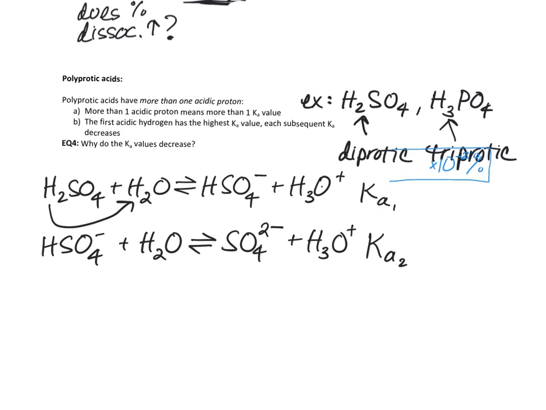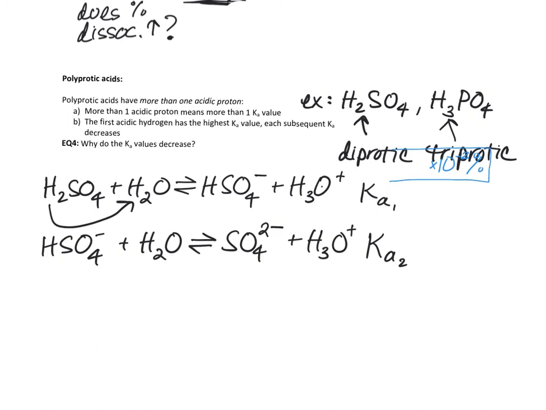All right, why do the Kas decrease in value? So a very condensed answer to that is, as this first hydrogen leaves, I end up with a negative charge, right? Now, in order for the second hydrogen to leave, which is positively charged, it has to be given away to water, and now I have a resulting charge of 2 minus.